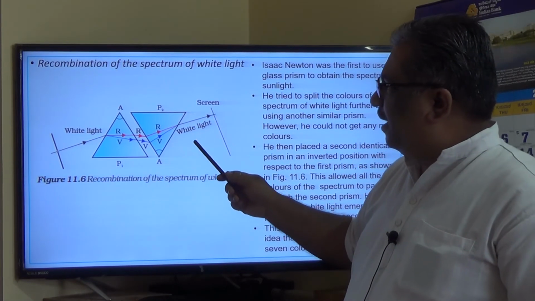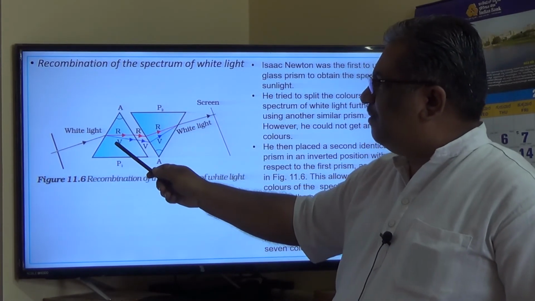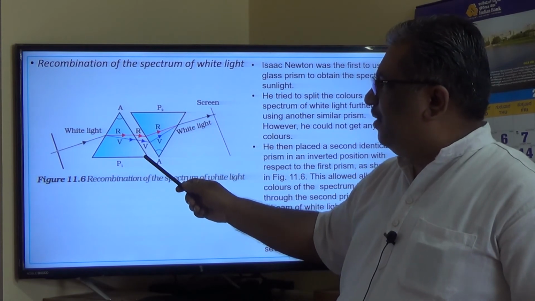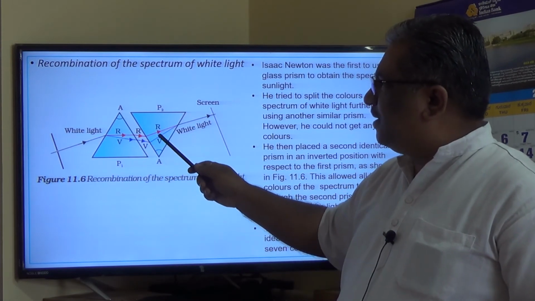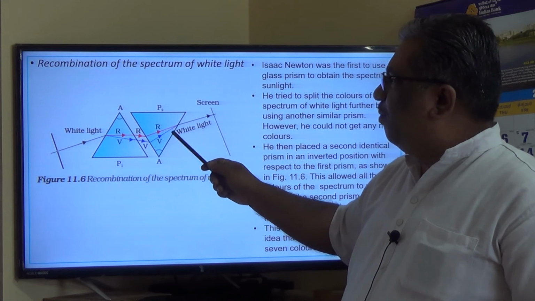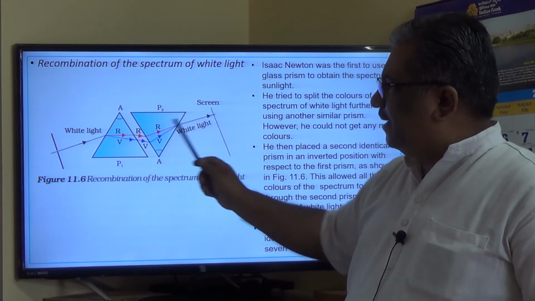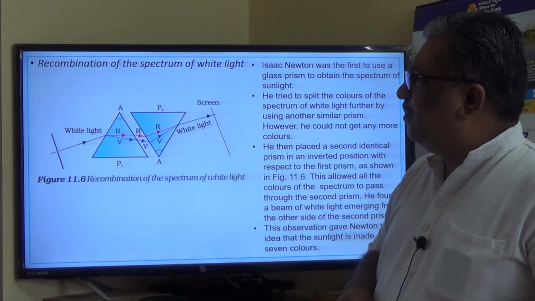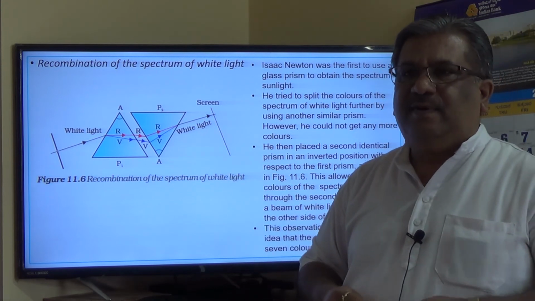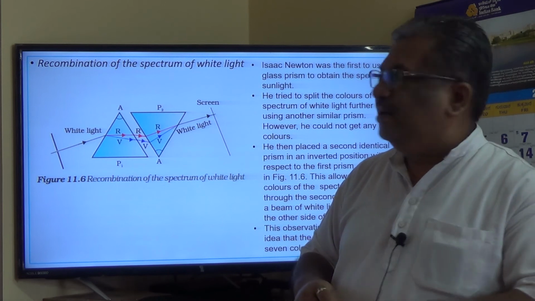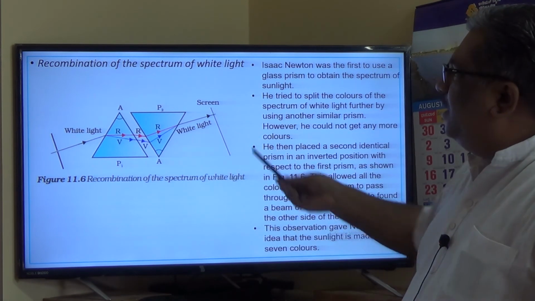So he concluded that white light consists of 7 constituent colors, and all those seven colors combined together once again to produce white light. Based on this experiment, he could conclude that white light consists of only 7 component colors. So the description is given over here. You can read it yourself.